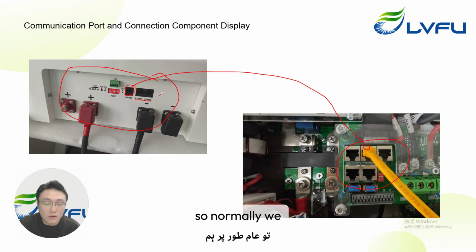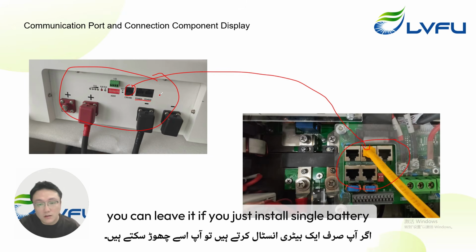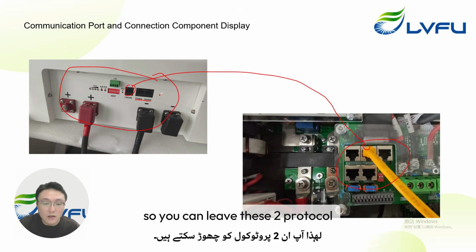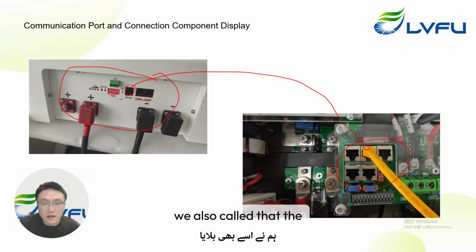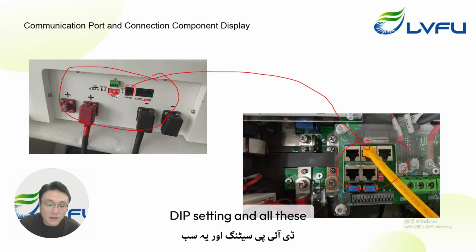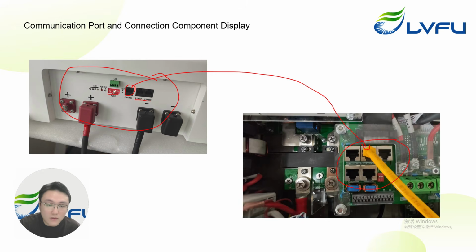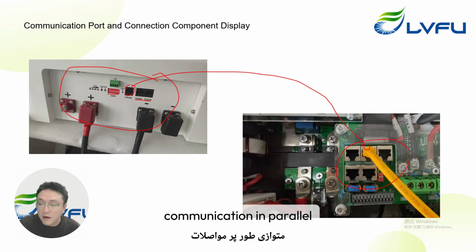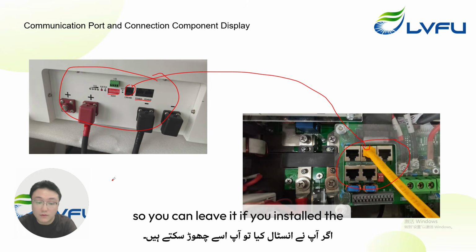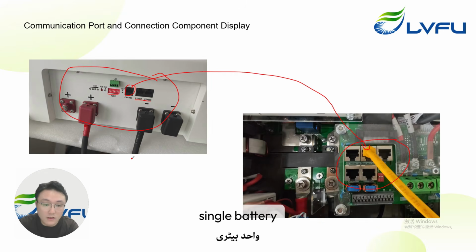So if you just install a single battery, you can leave these two ports. The ADDR, which we also call the DIP setting, is also used for communication in parallel, so you can leave it if you install a single battery.